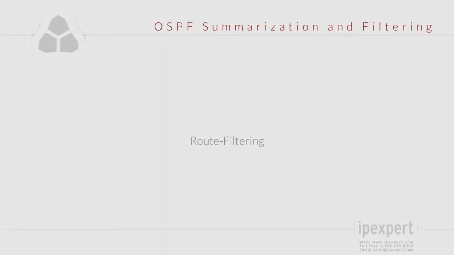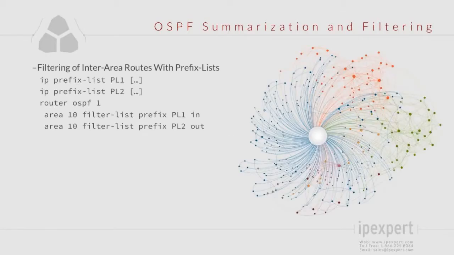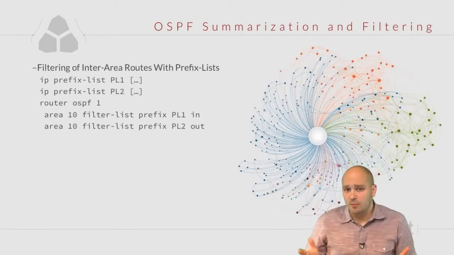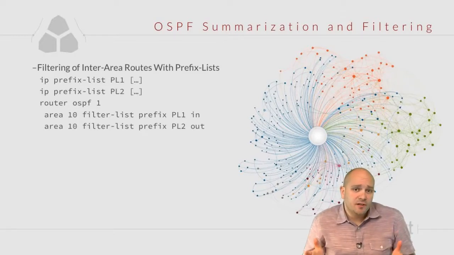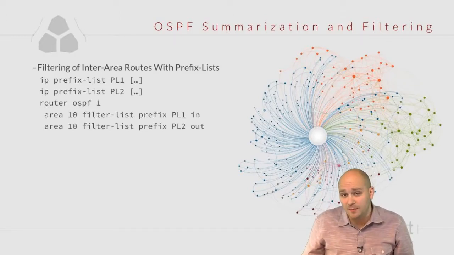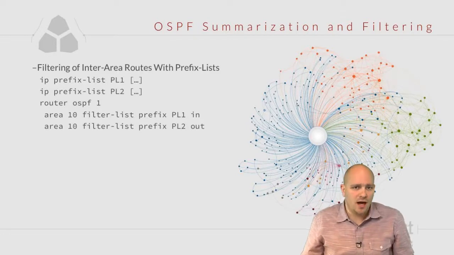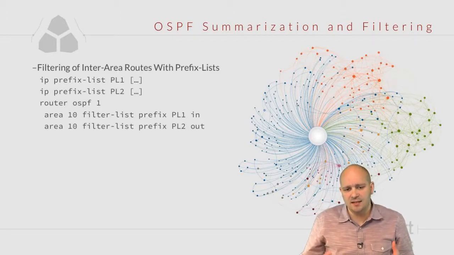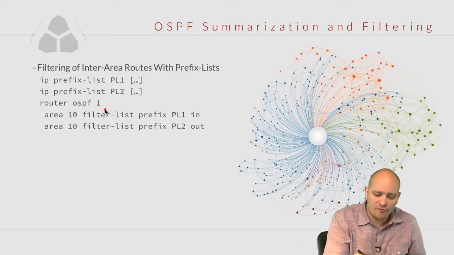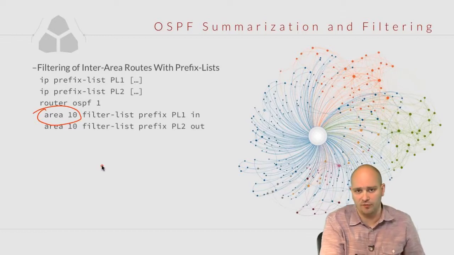Let's now talk about route filtering in OSPF. The primary filtering that can be done in OSPF is the filtering of inter-area type 3 routes using IP prefix lists and the command set called filter lists. Now, filter lists are going to be referenced on an area configuration in OSPF, and they have to reference a prefix list.